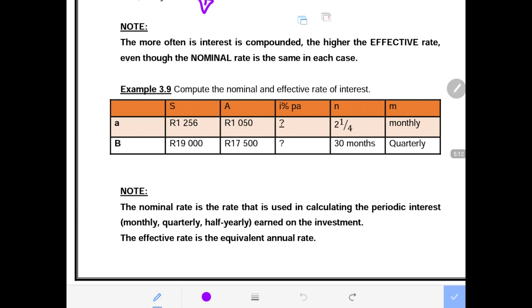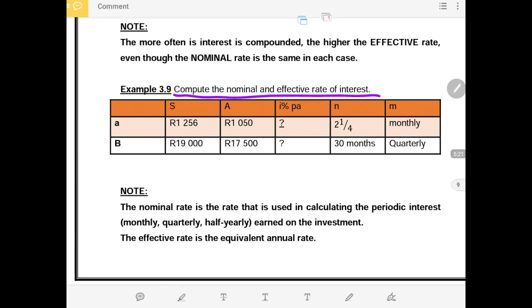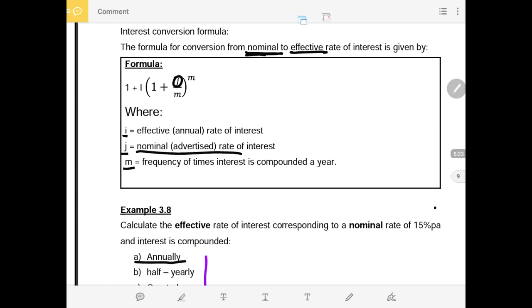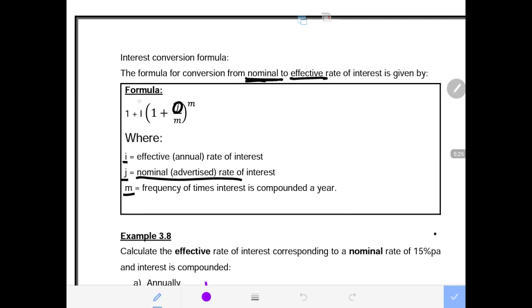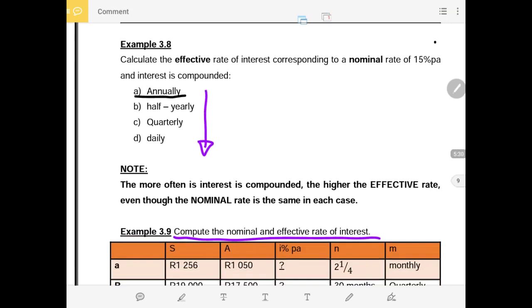It says in 3.9 that we compute the nominal and effective rate of interest. Now remember, we are not converting. In the previous scenario, we were converting using the formula, and we did our conversion very well, and you're very clear with that.